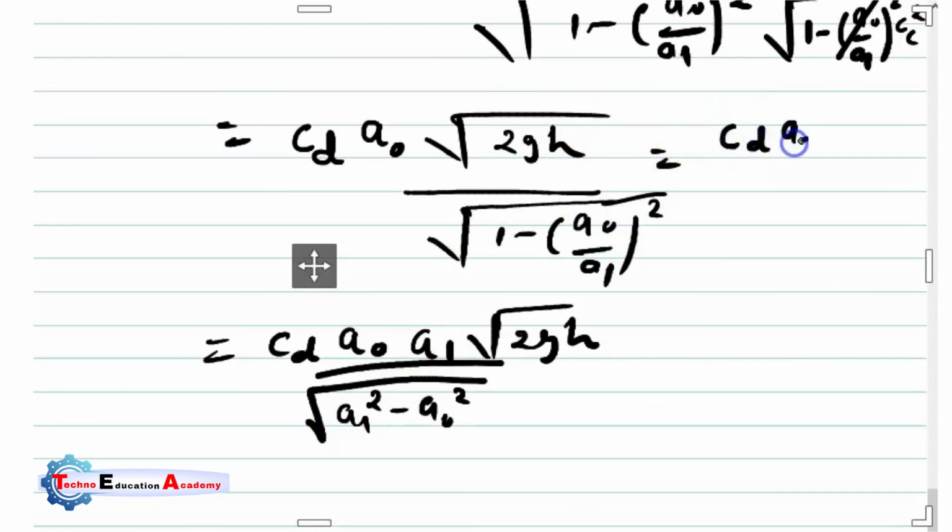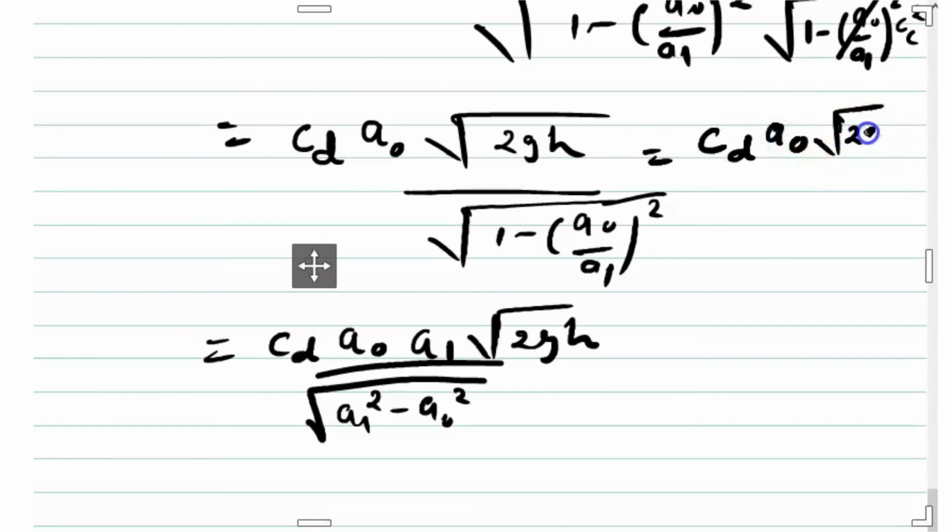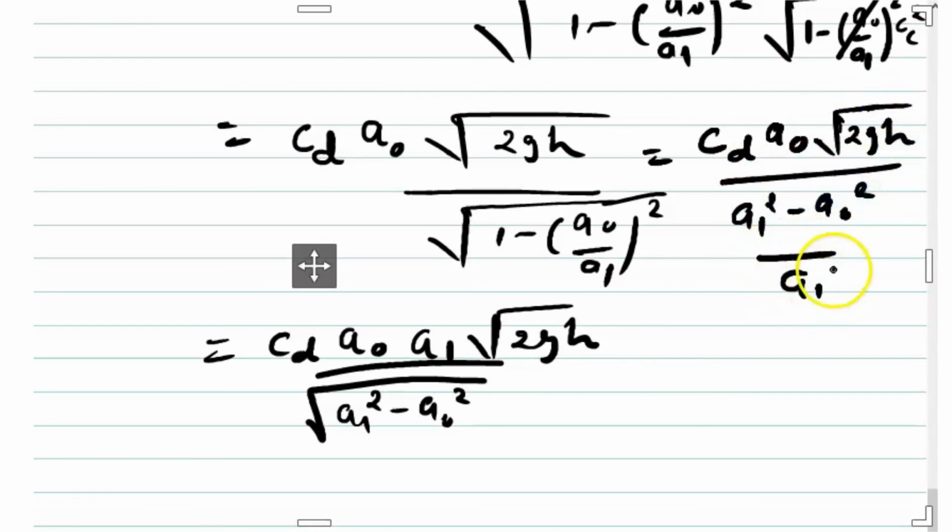For your understanding, we can write the equation like this. Please focus here: CD A0 under root 2gh divided by (A1 square minus A0 square divided by A1 square) in whole bracket. Further simplifying, A1 is in the denominator of the denominator, so it goes to the numerator, so A1 is here.